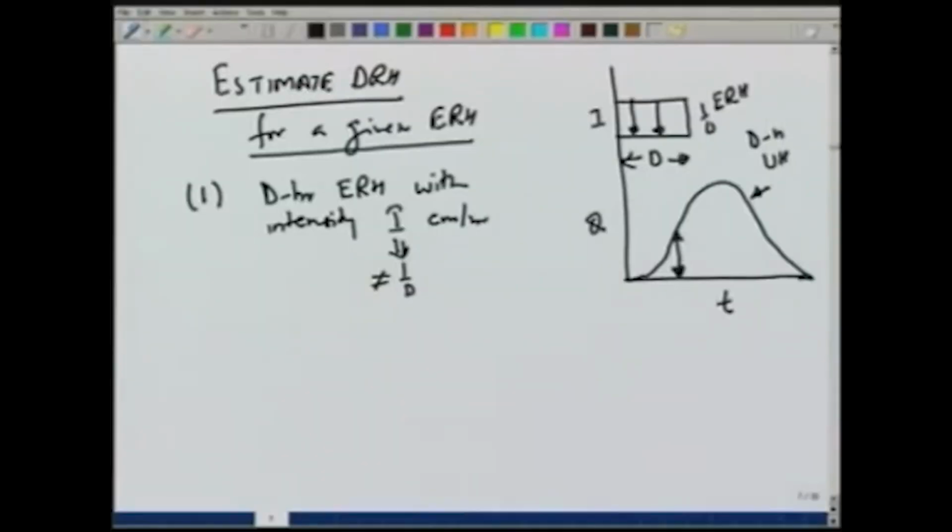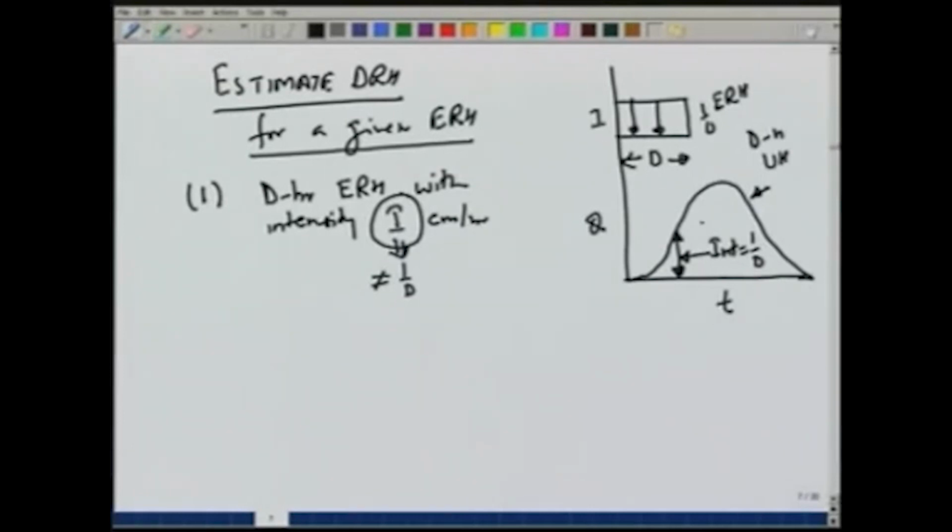We know that since this is a UH, this ordinate corresponds to intensity equal to 1 over d.